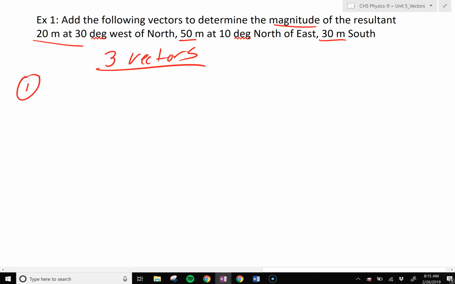The first vector says 20 meters at 30 degrees west of north. So if we think about a compass and the cardinal directions, we've got north, south, east, and west. I can draw that better.